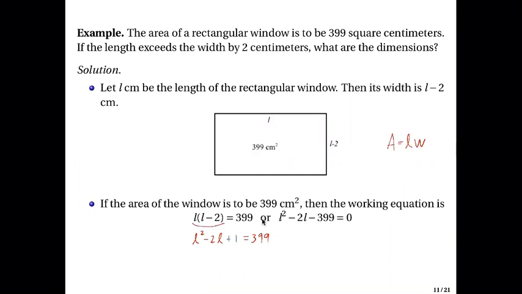You have plus 1 here, and then I'll have plus 1 in here. I chose 1 because I know L squared minus 2L plus 1 is a perfect square trinomial. What I will get here is actually L minus 1 quantity squared. And on the right-hand side, I will have 399 plus 1, that's 400.